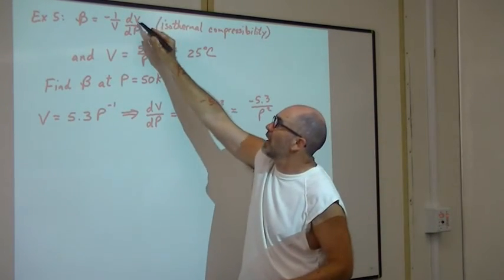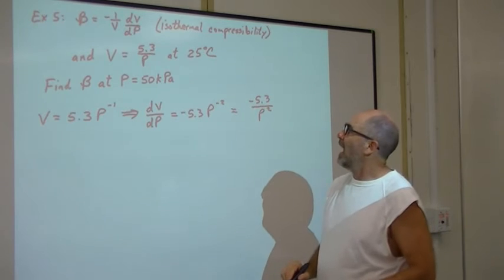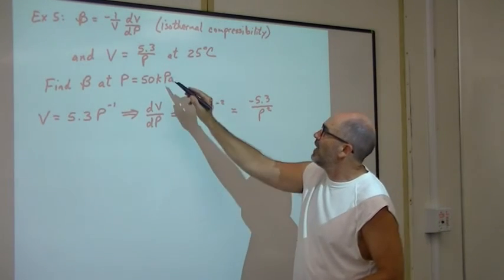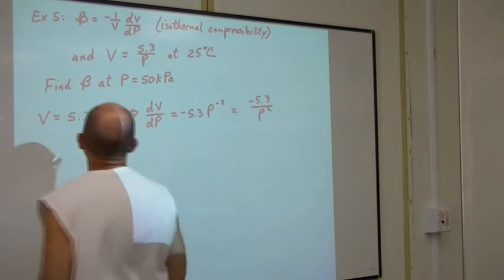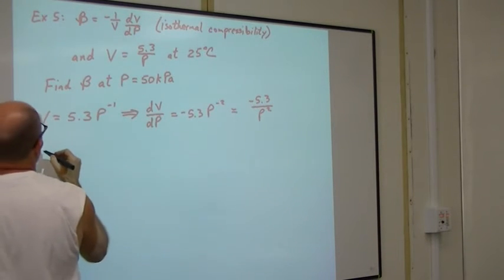So I can just plug that right in, dV dP. At what pressure? Well, at 50 kilopascals. Now, what is volume when pressure is 50 kilopascals?